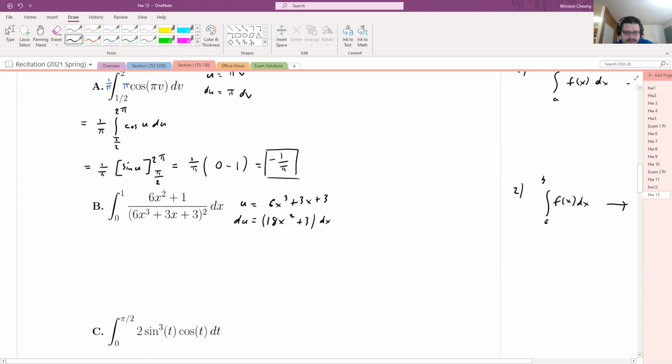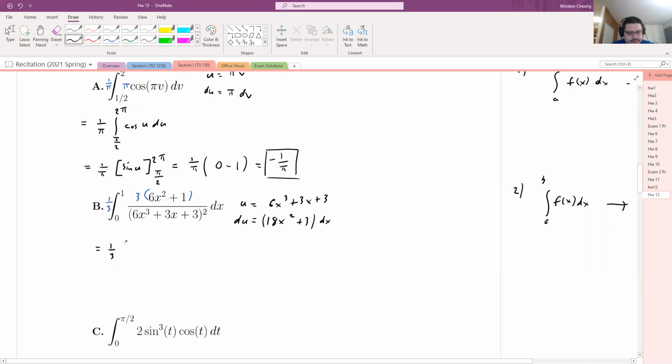Okay, so we get 18x squared plus 3, and that is simply a multiple of the top. So what we can do is introduce, we just have to multiply the top by 3, which requires that we then multiply and divide by 3. And so now we can convert this over.